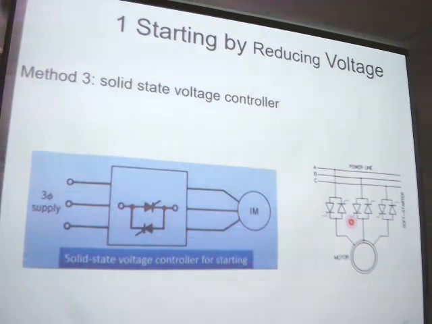This method is better because the voltage from the source to the motor can be adjusted gradually from 0 to rated voltage.